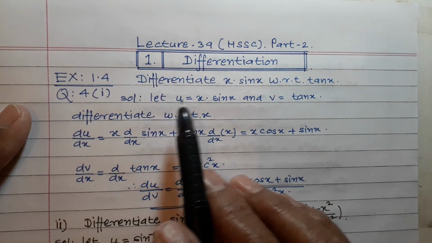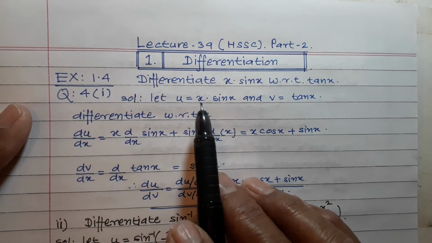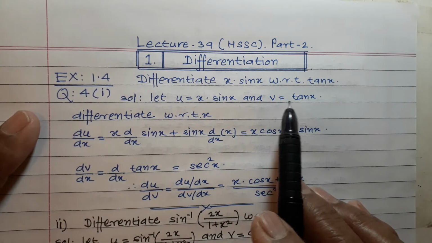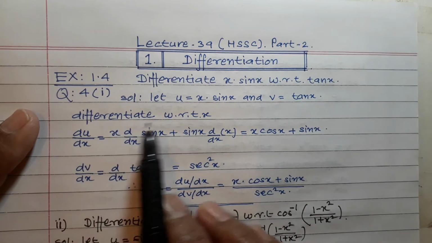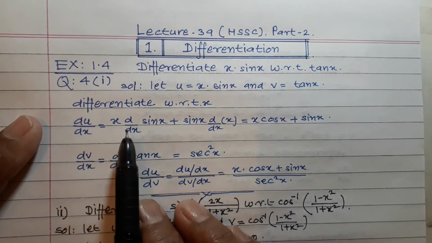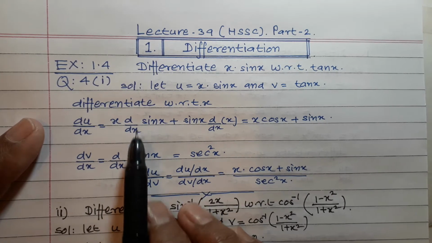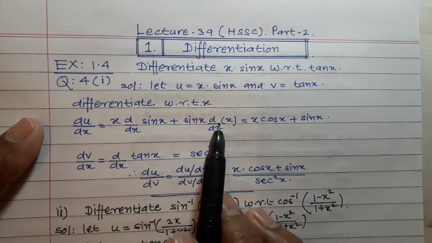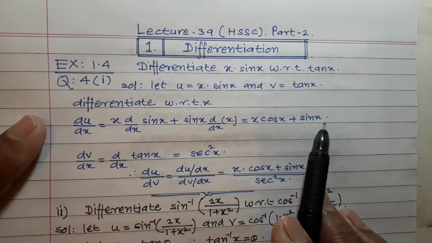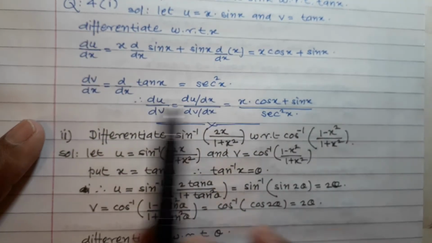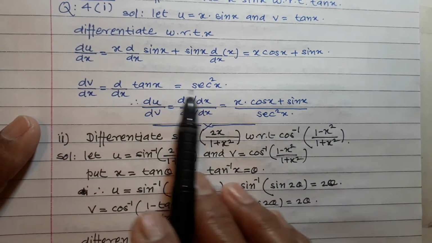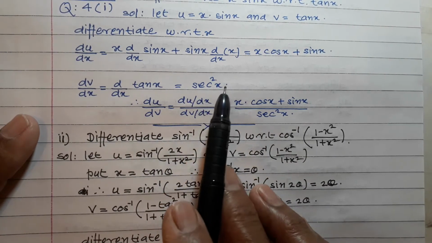Solution. Let u is equal to x sin x and v is equal to tan x. Differentiate with respect to x. du/dx is equal to x d/dx sin x plus sin x d/dx x, which is equal to x cos x plus sin x. dv/dx is equal to d/dx tan x, so it is equal to sec square x.